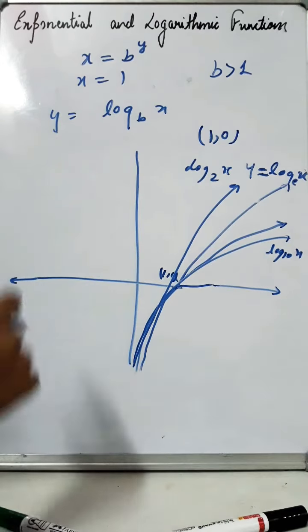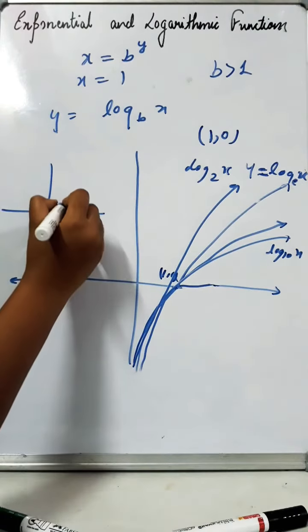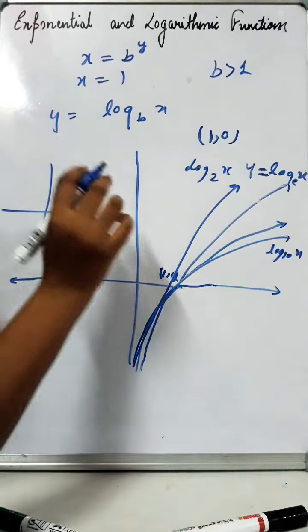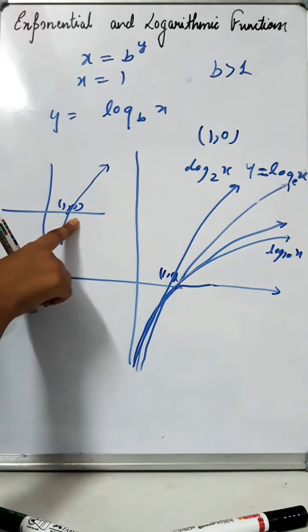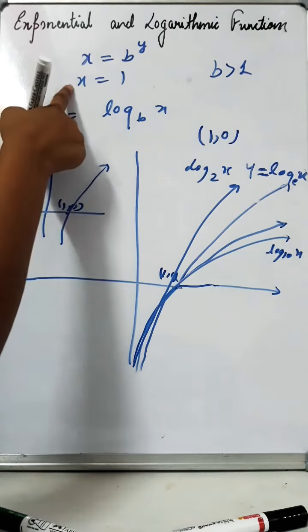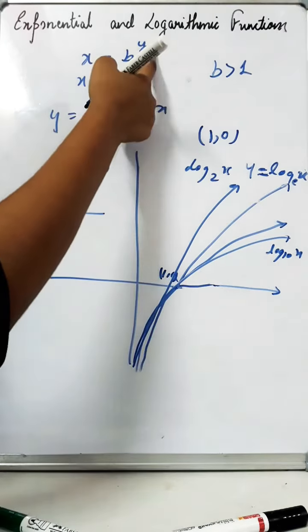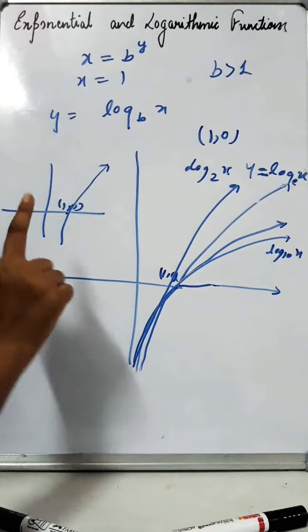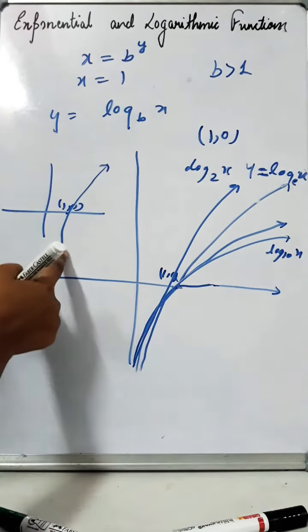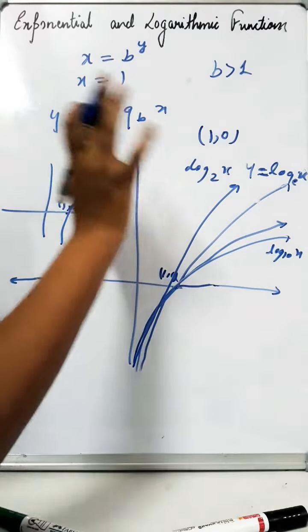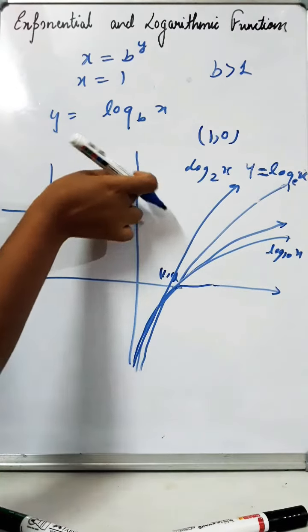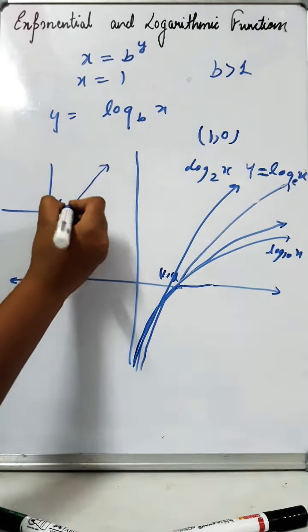So this is generally how log function works. All you have to remember is this, that point 1, 0 is a pivotal point. All the log graphs will pass through this point. Why? Because as you put x as 1, y has to be 0. So 1, 0 is an important point. All the graphs of log functions, irrespective of whatever the base is, will cross through the 1, 0 point.